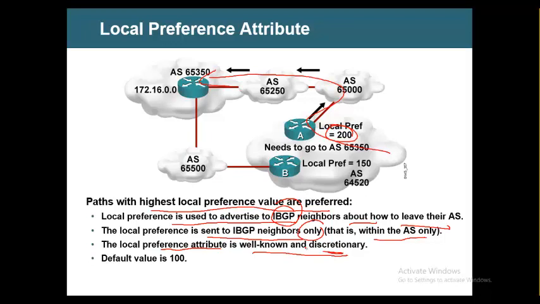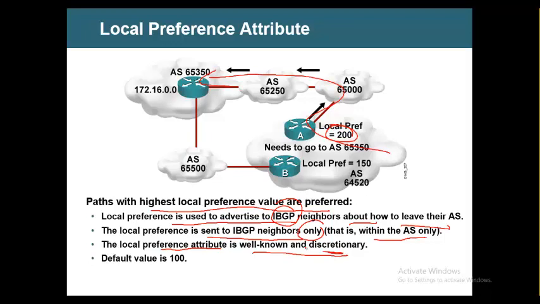So discretionary sounds like optional, but it is not optional. Discretionary is the word given to an attribute which is well-known, at the same time may be present, meaning optional.